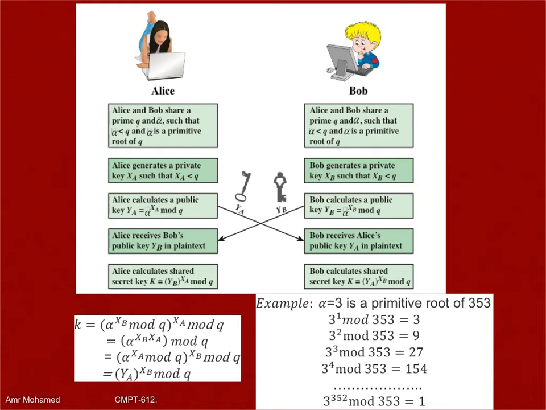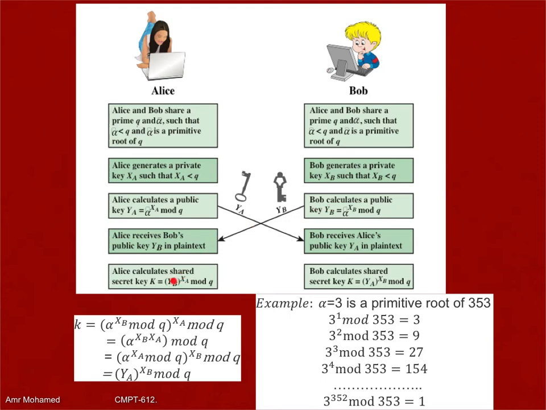The proof that this will lead to the same key is very easy. If we say alpha to the power xb mod q, which is YB. YB is alpha to the power xb mod q, right? This YB is here.